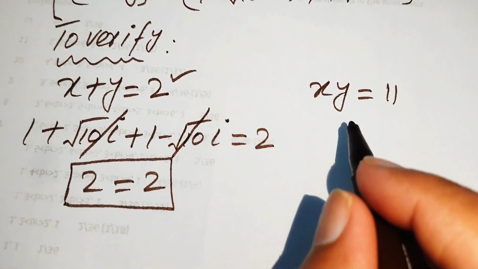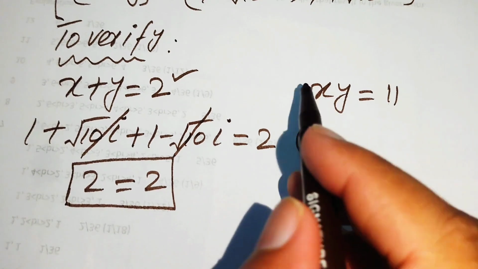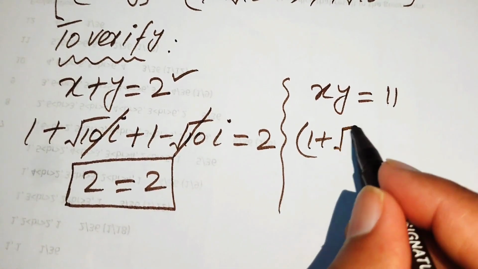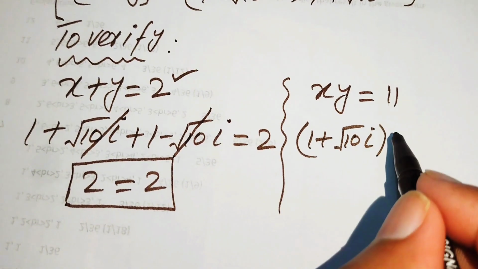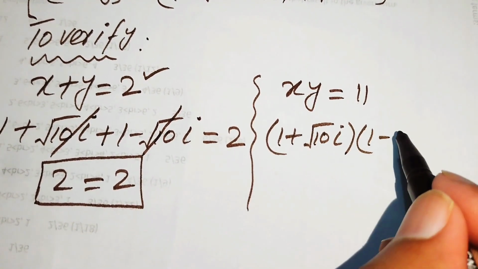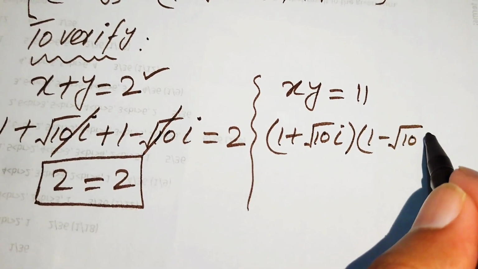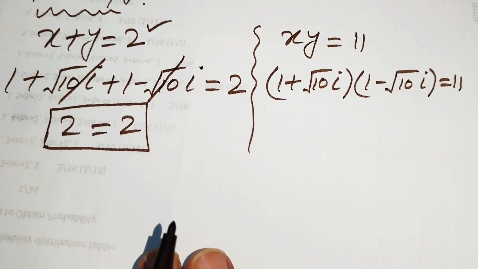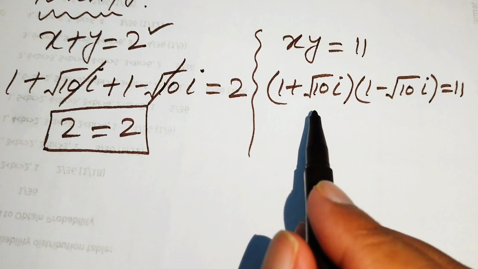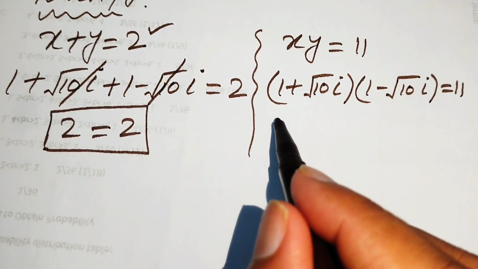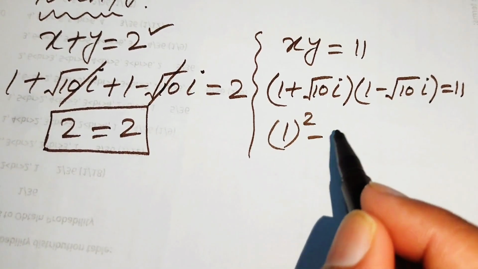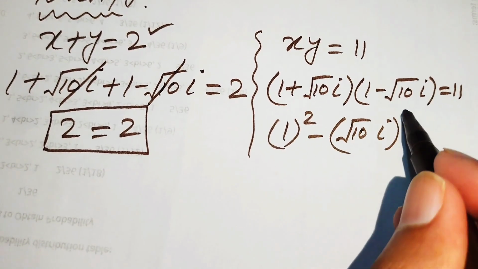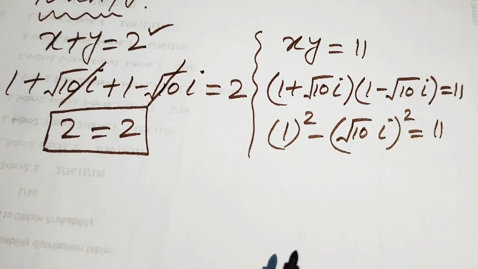And now we check the second equation and here we put the value of x as 1 plus square root of 10 iota and the value of y as 1 minus square root of 10 iota, and it is equal to 11. And now in the next step you see here we need the square identity and we write it as 1 square minus square root of 10 iota, its whole square, equals to 11.